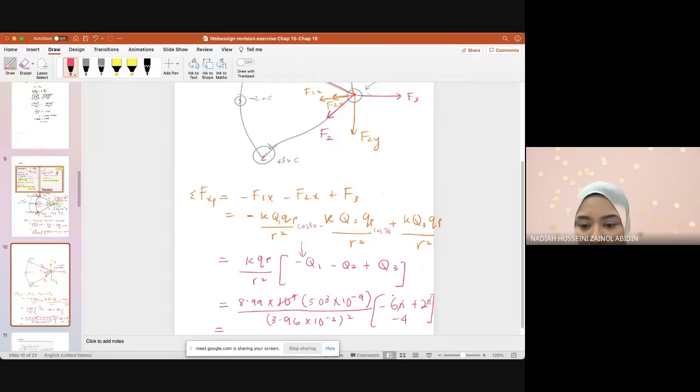So here 6 nanocoulomb cosine 30. Okay, so now let's try it. Hopefully betul lepas ni. 3 times 10 to the minus 9 times minus 6 times cosine 30 plus 2.